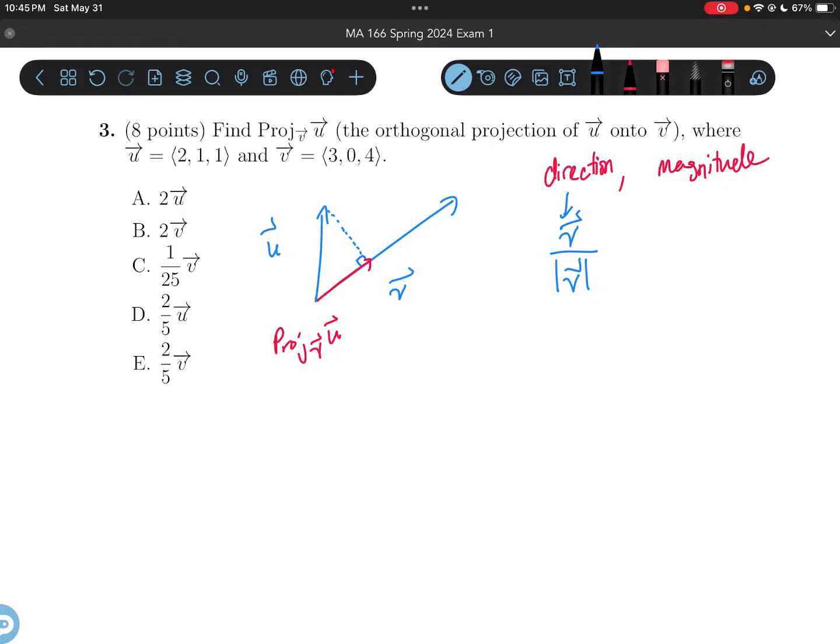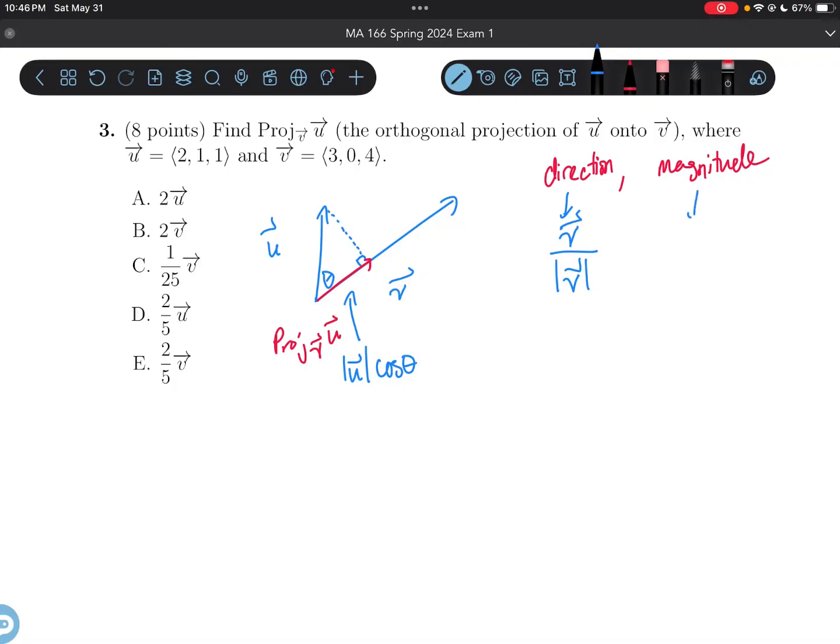We can find the magnitude of this vector by using trigonometry. Let's say that the angle between these 2 vectors is theta. That means the length of this vector is equal to the magnitude of u times cosine theta. And that's just using SOHCAHTOA. This adjacent over hypotenuse is equal to cosine theta.